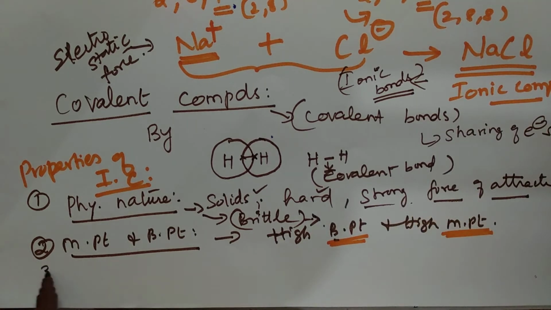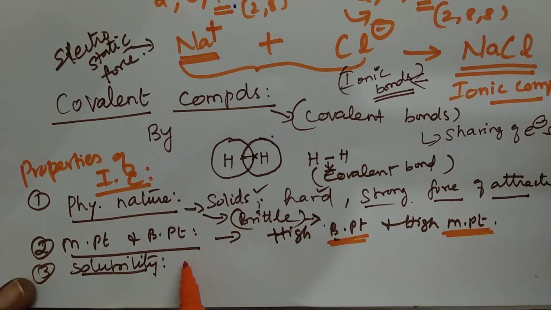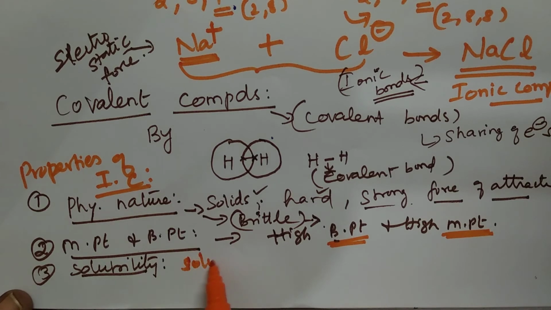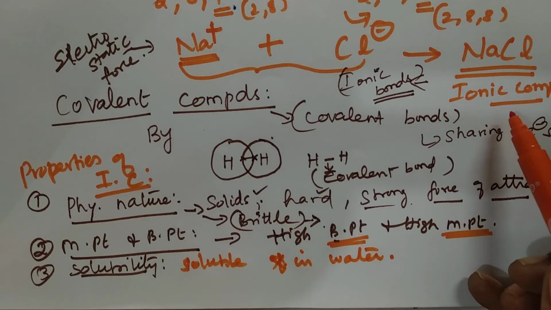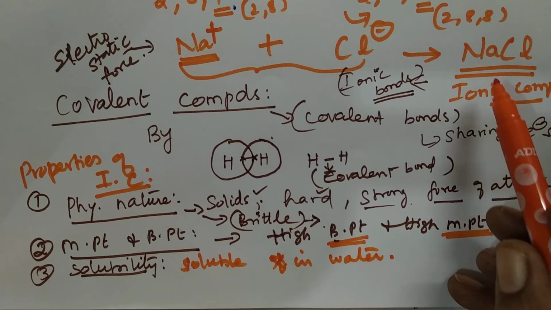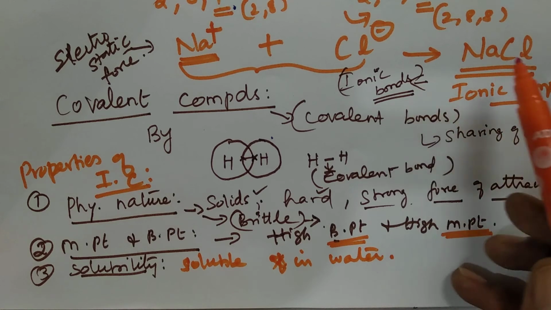Next, the third one we are going to talk about is solubility. I told you already, they are soluble in water. These ionic compounds are soluble in water. They are polar compounds, because they get dissociated into positive and negative charges.